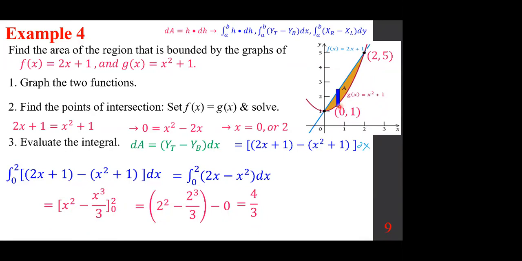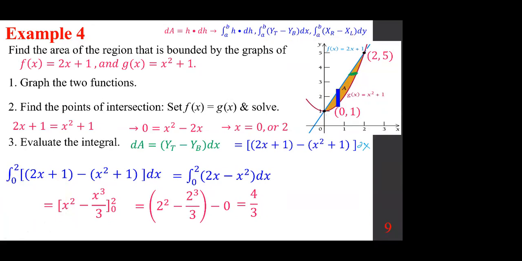Okay, now later on we're going to discuss that it doesn't have to be y of the top minus y of the bottom. Sometimes it's x of the right minus x of the left. This is an interesting example, and I highly recommend you try this on your own. You can have a horizontal strip.